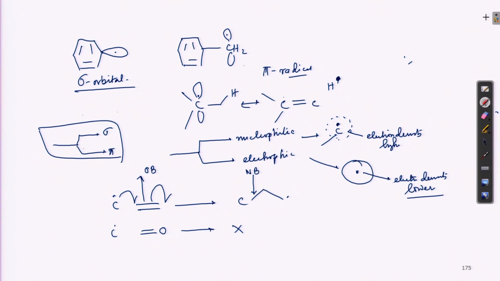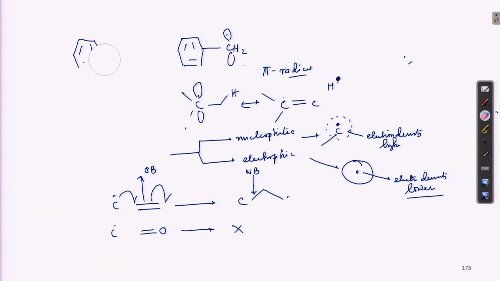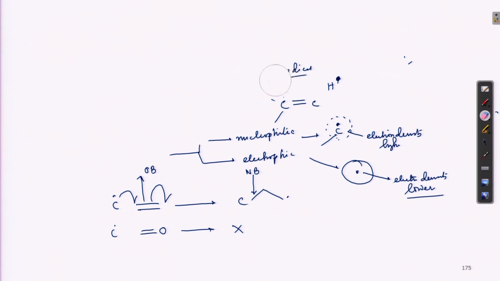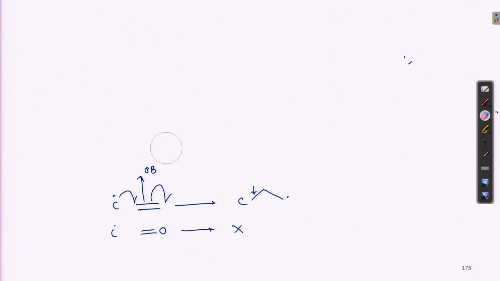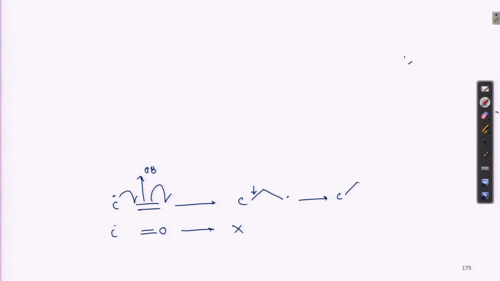I already told you that the problem of radical chemistry earlier was how to stop the reaction at a particular stage, because as soon as it adds to a double bond, it forms a new radical, and that new radical will also add to another double bond, and that will continue. Then that will form another radical.